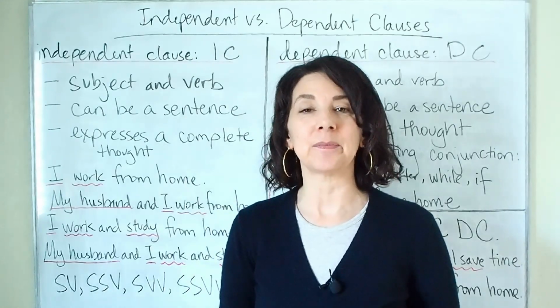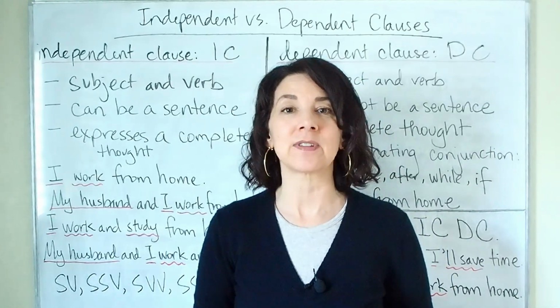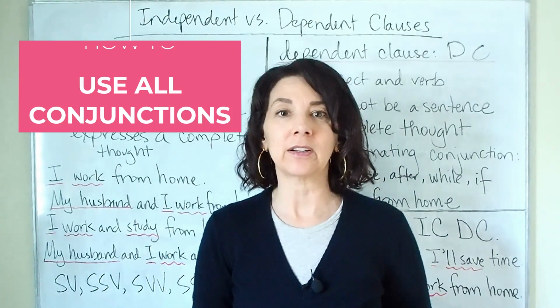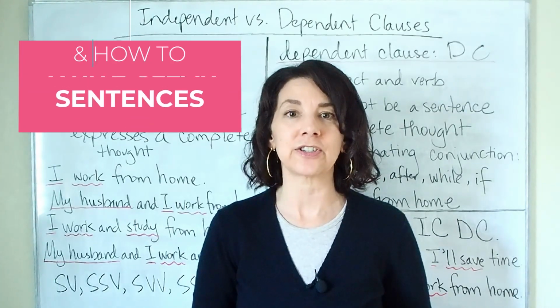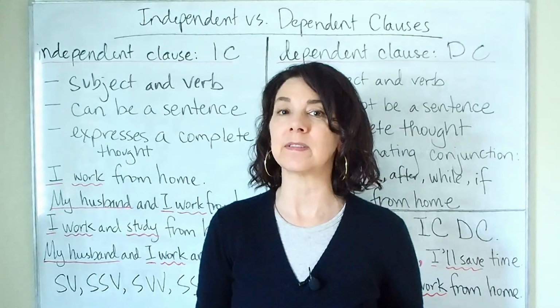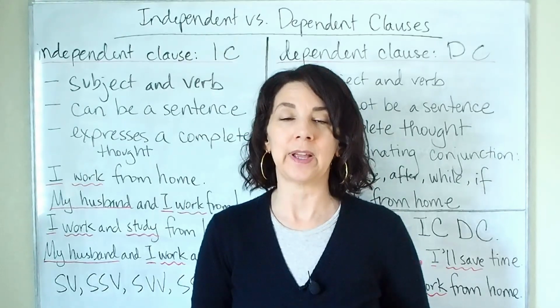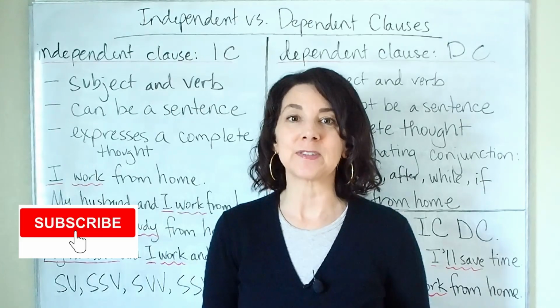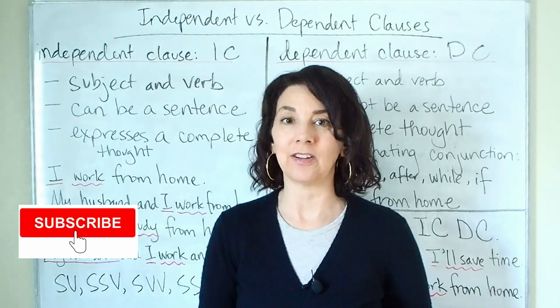In today's lesson, I'm starting a short series of videos all about how to use conjunctions and make clear sentences in English. This is mostly to improve your English writing, and you can use this to help you in both school and work. The first video in this series is about the difference between independent and dependent clauses.